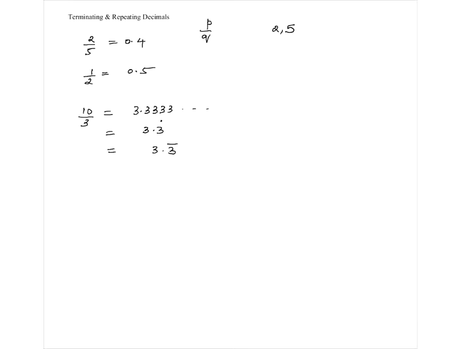The rule is that whichever rational number is given to you, write it in its simplest form.